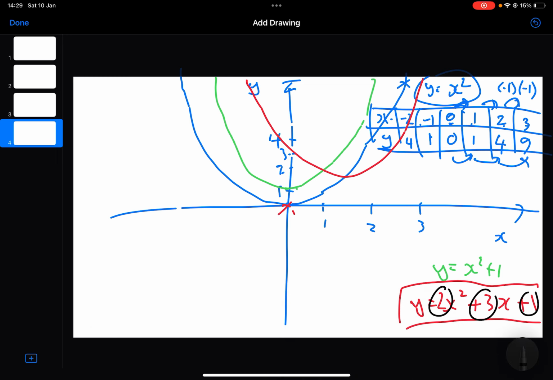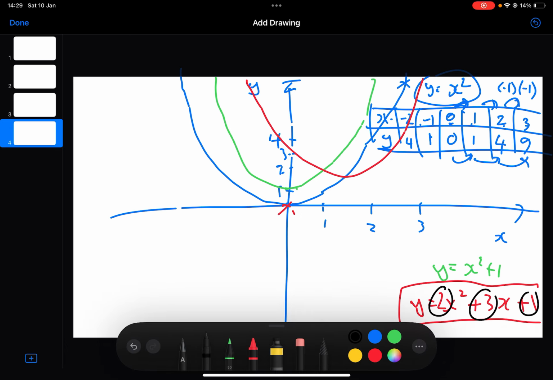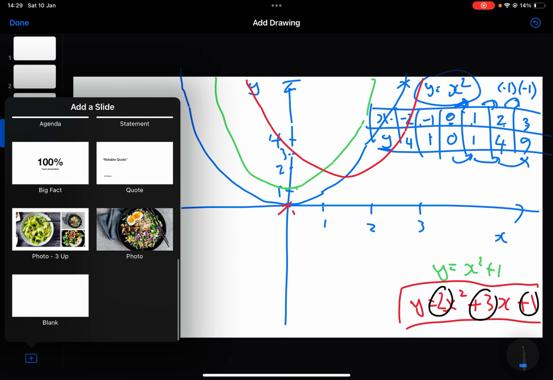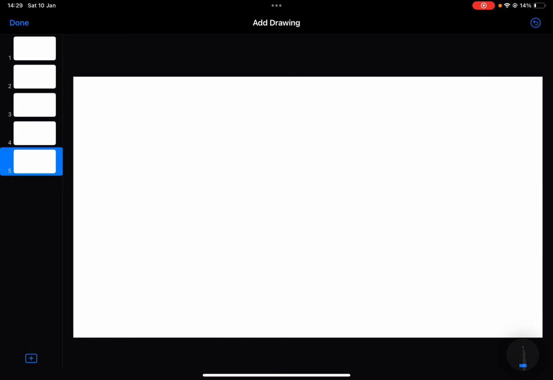Okay, then why do we call all these equations functions? It is because now we change a name, because we want you to use it to signify how the y changes with the x.